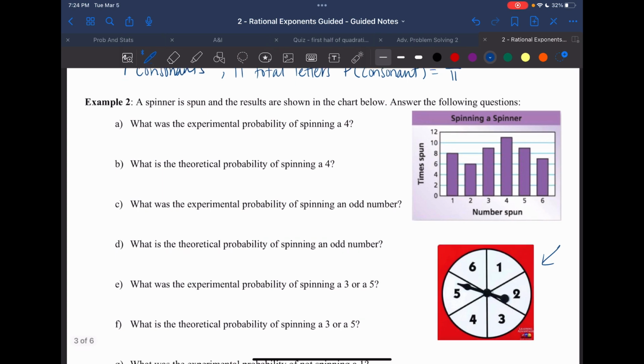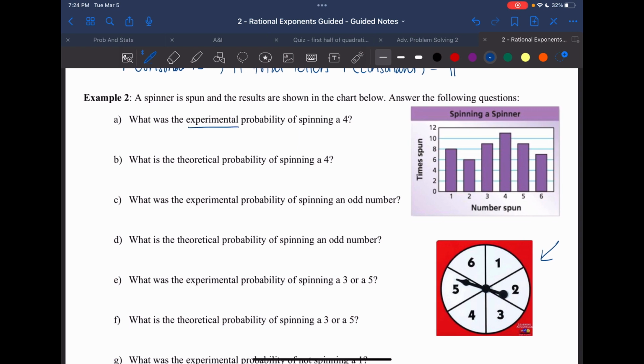When you see the word experimental, that means what did we pull from the data. If I see the word theoretical, that just means what should happen, what we expect to happen. So first we have to know how many 4s we spun versus the total number of spins.